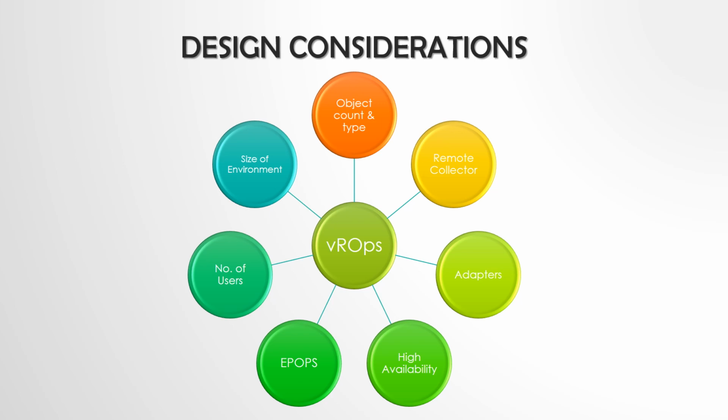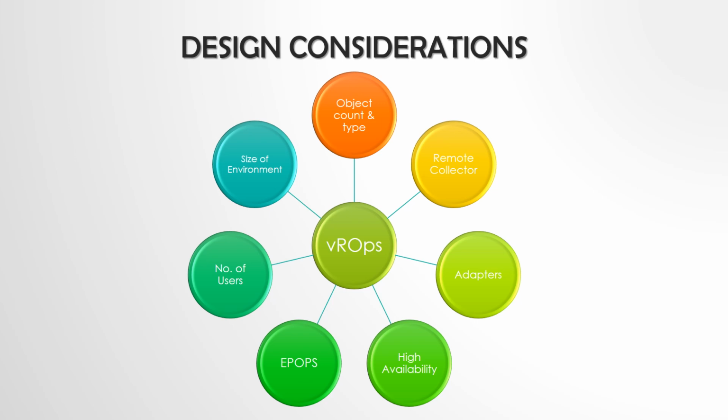Then whether you want OS level monitoring of your VM, because for that you need to deploy Endpoint Operations Management Agent, which is in short known as EPOps agent. Because when you deploy EPOps agent on a particular VM, it will add three new objects to your vROps. One is your OS instance, then EPOps agent, and the last is your service.